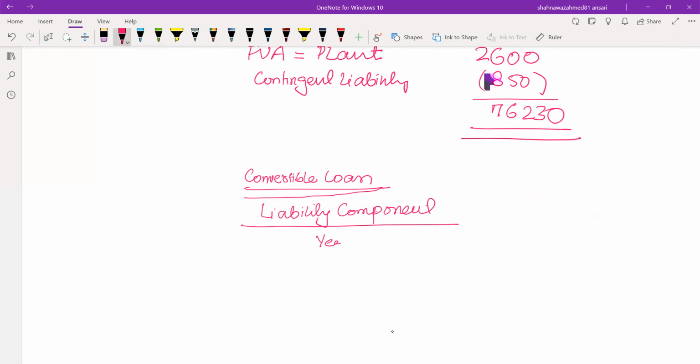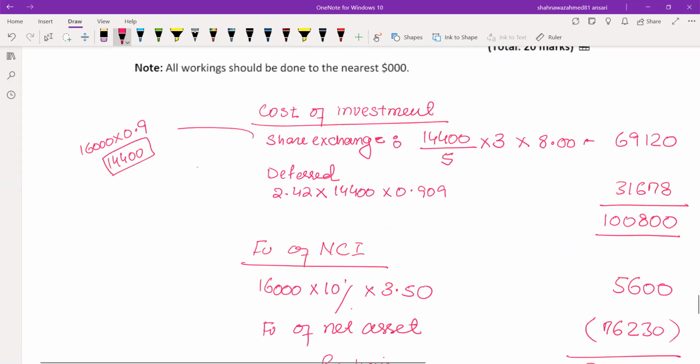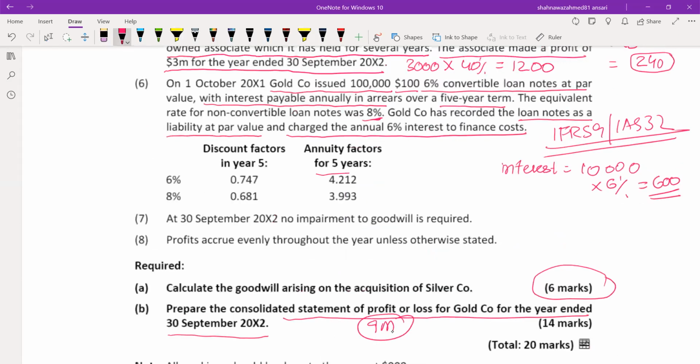So we have year, cash flows, relevant discount factor, and present values. The liability component is years 1 to 5, and we have interest first, which is 600. And then in year 5, the principal amount, which is 10,000. Discount factor is 8%, which is the effective rate that has been given. Take these values. Annuity factor is 3.993.